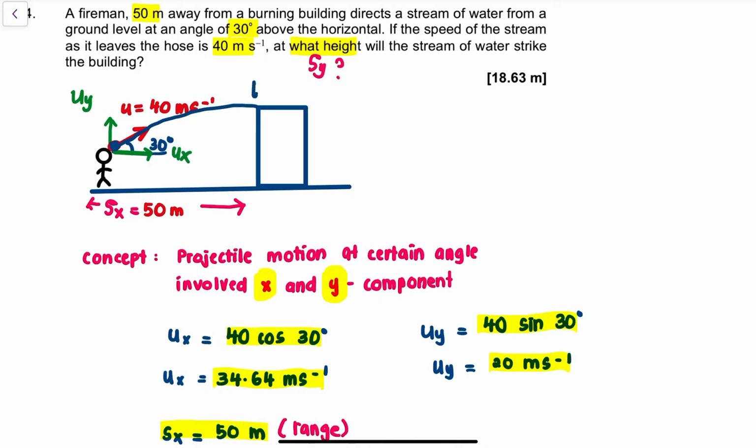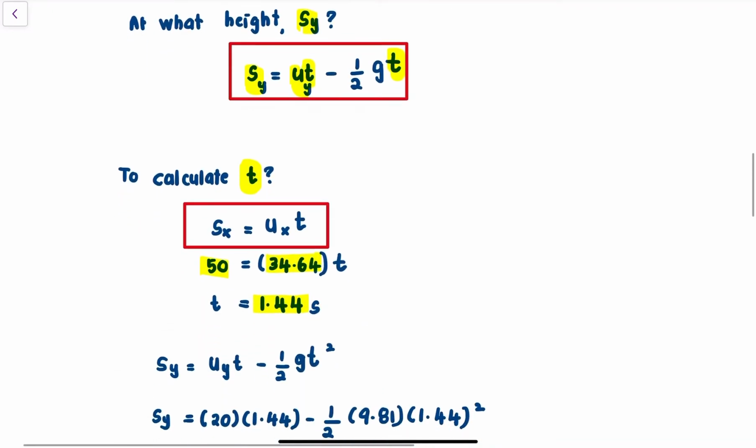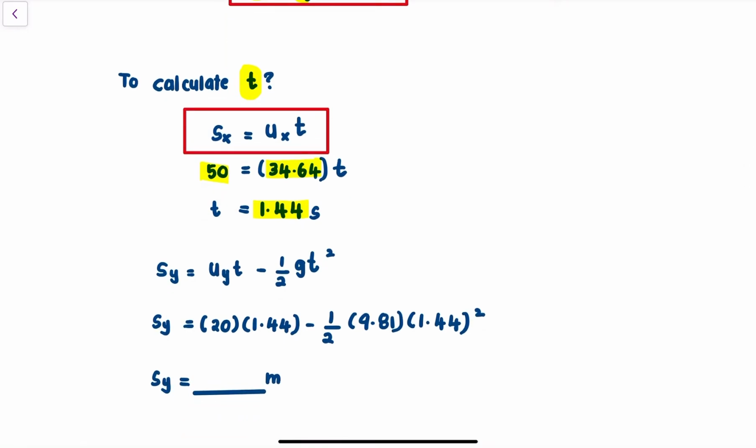So the time here we call the time of flight, the value is 1.44 second. After determining the time taken, we can substitute the value of t and determine your sy value in meter.